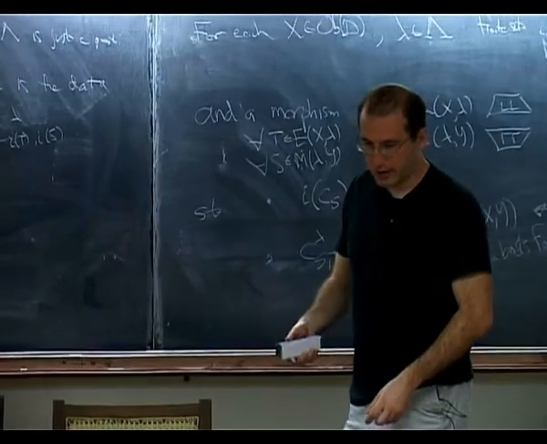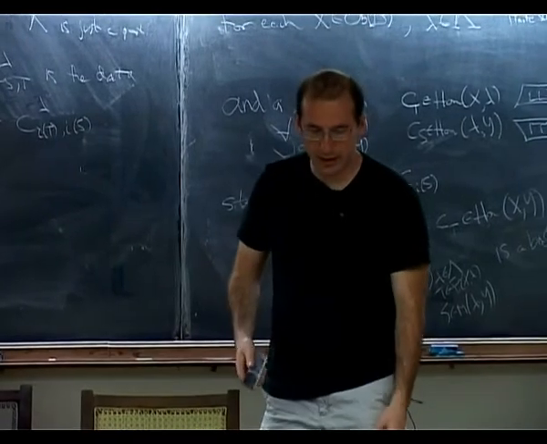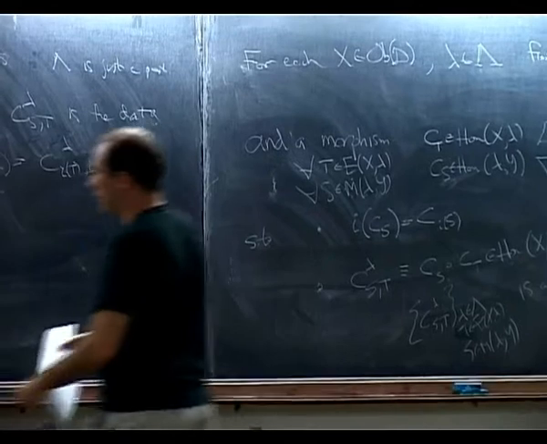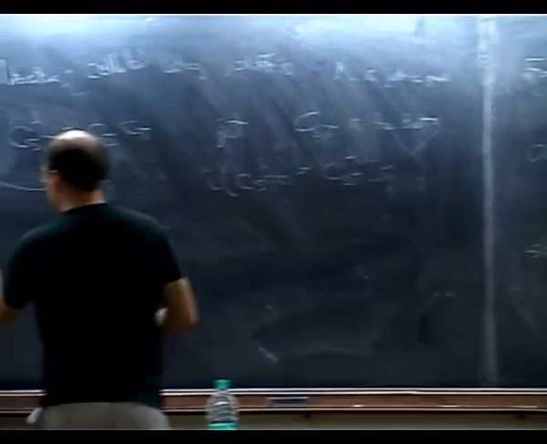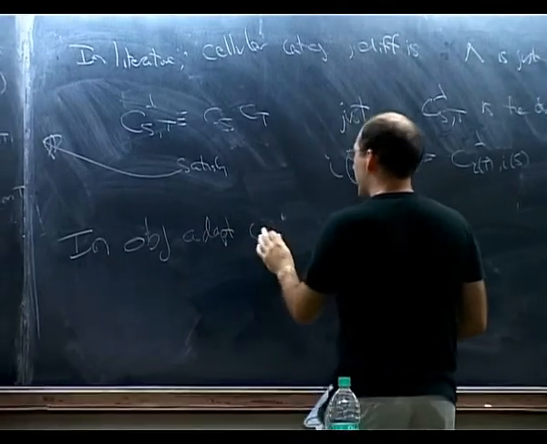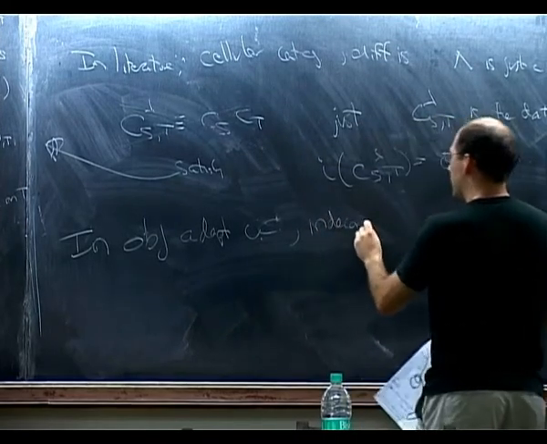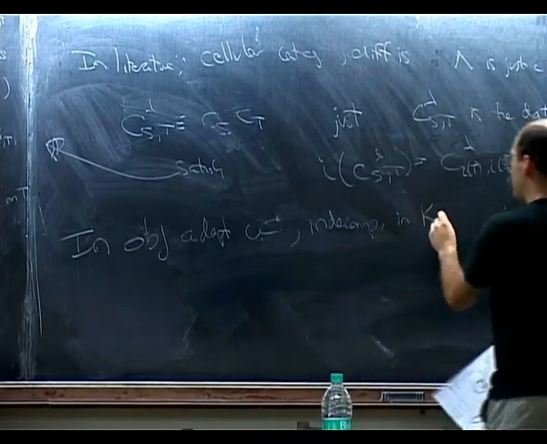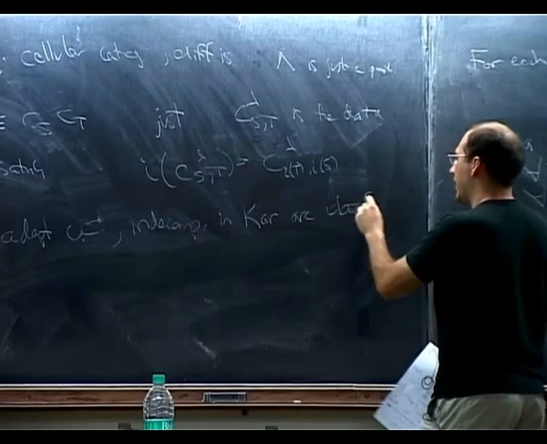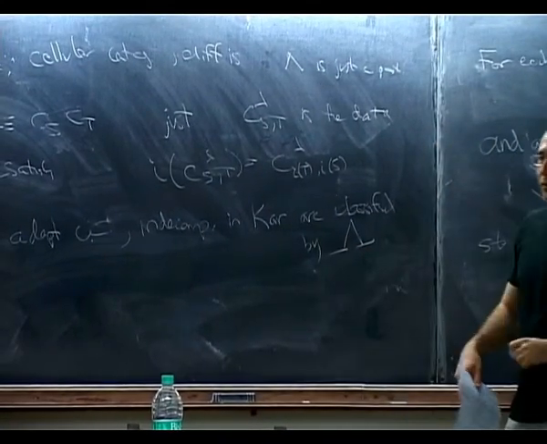So there's an exercise that walks you through the proof that indecomposables in an object-adapted cellular category are classified by length. An object-adapted cellular category, the indecomposables in the Karoubi envelope are classified by length.